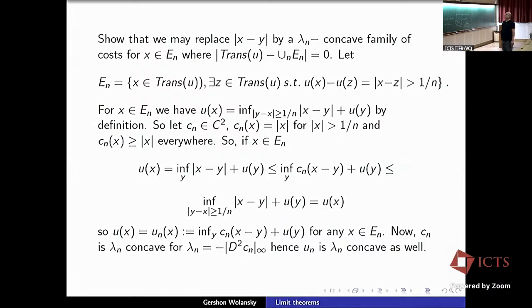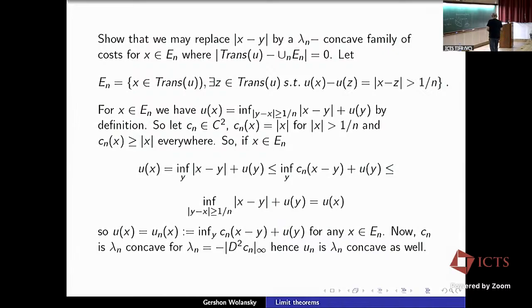It will be countably Lipschitz if we can replace this distance by a lambda n concave family of costs. What is lambda n concave?